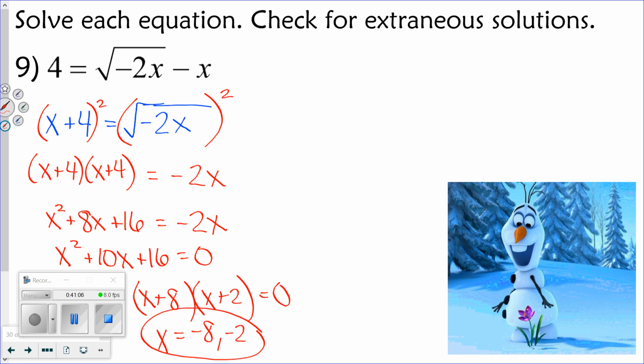Now, when we check this one, be careful. There is an extra minus sign in front of that x. Right? So when I plug -8 in here, you're going to have minus -8. Okay? Don't miss those double signs in there. So let's go ahead and plug in a -8 first and see what you get.